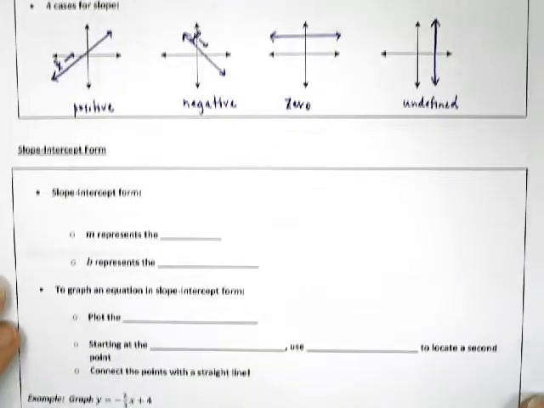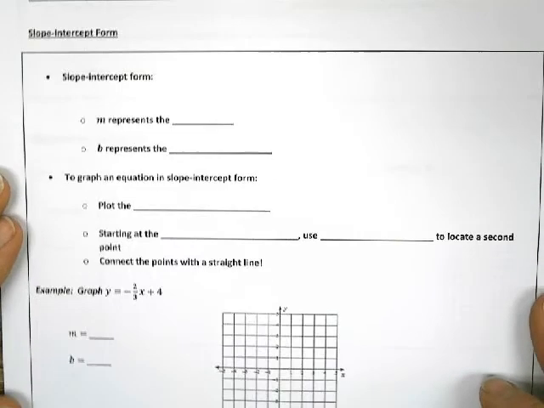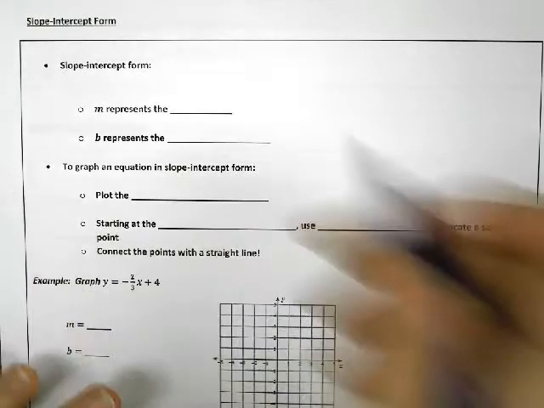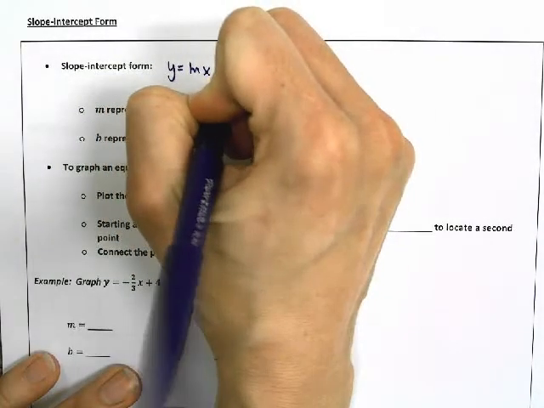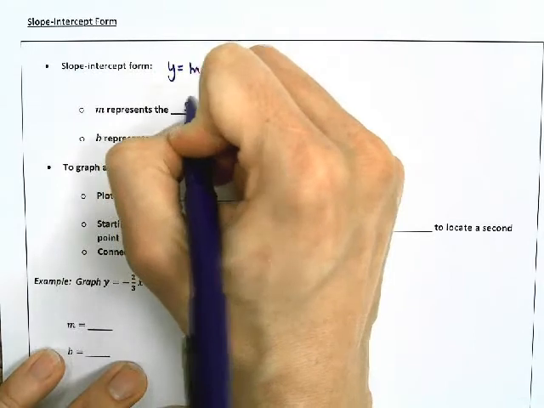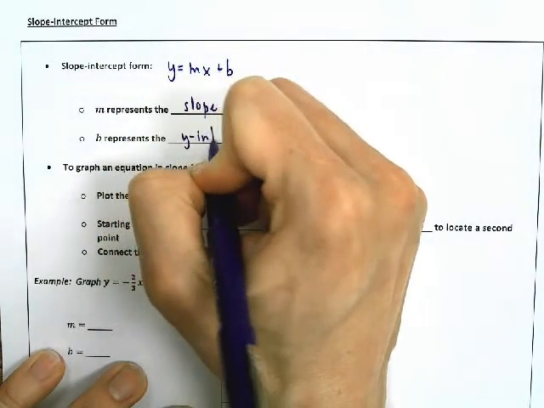All right, so the next thing we did was we learned how to graph using slope-intercept form. And hopefully we all remember that slope-intercept form is y equals mx plus b. Our m represents the slope, and b represents the y-intercept.